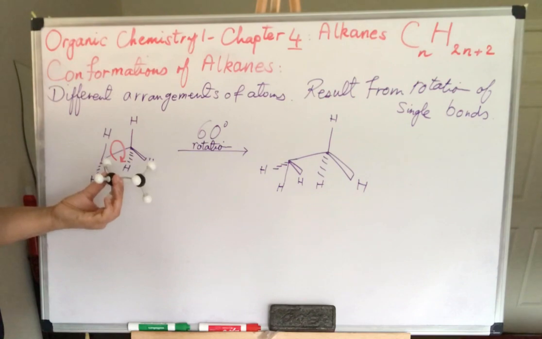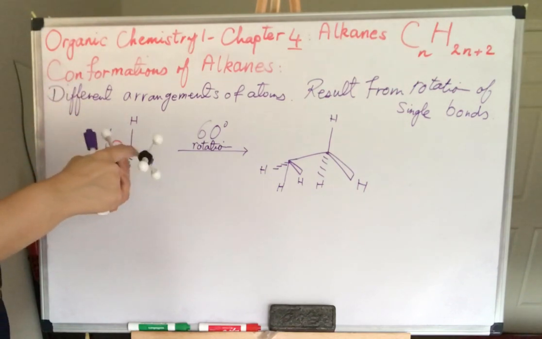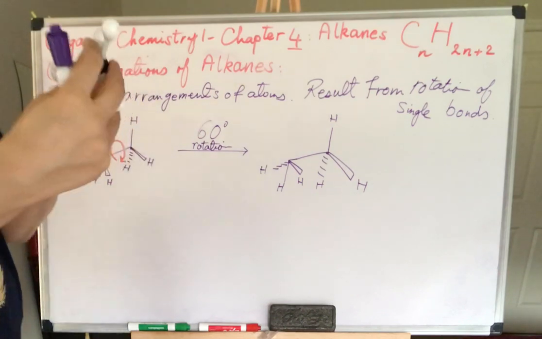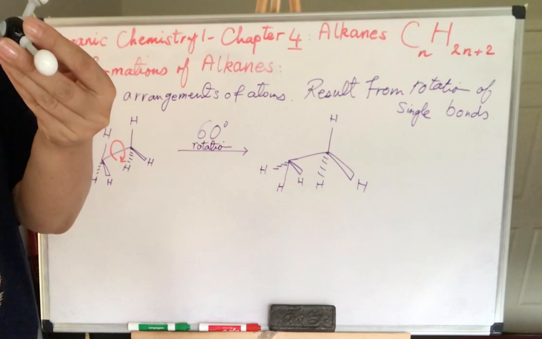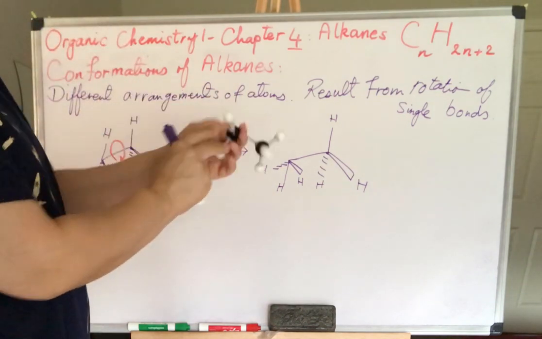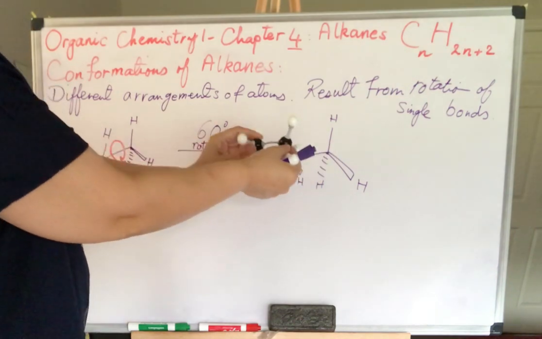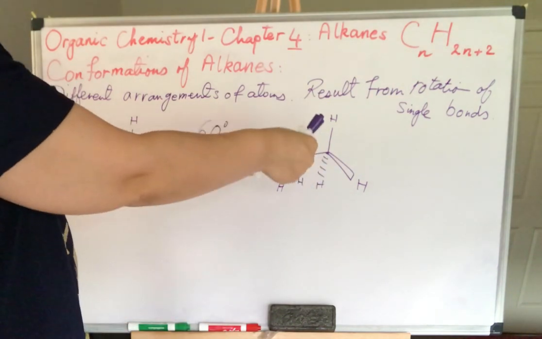If you rotate 60 degrees along this bond, what happens? If I rotate along the bond, then I will have this, or this. You see?